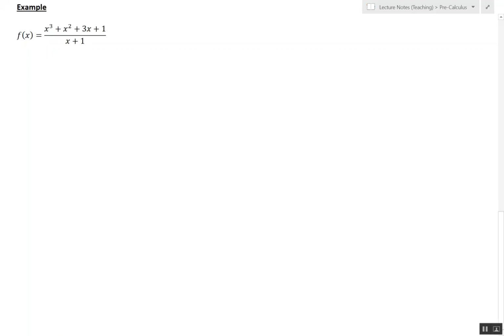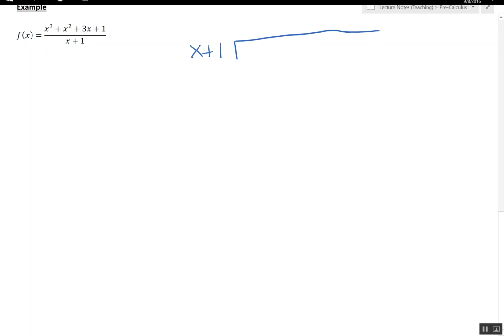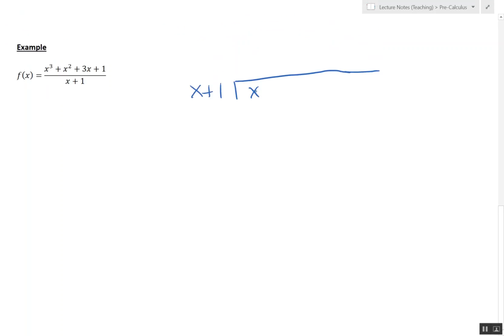Again, polynomial long division is needed, so x plus 1 divides into x cubed plus x squared plus 3x plus 1. And so x goes into x cubed x squared times, so we'll get an x cubed and an x squared. I'm subtracting those.